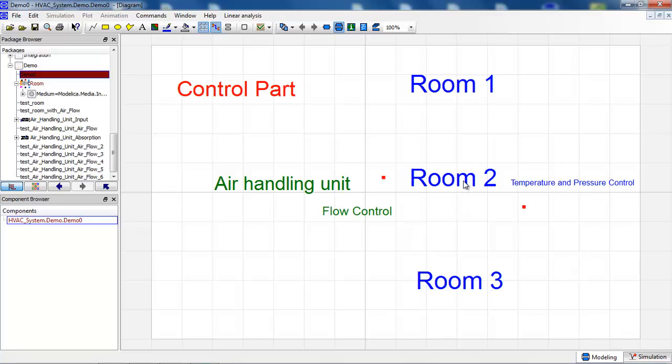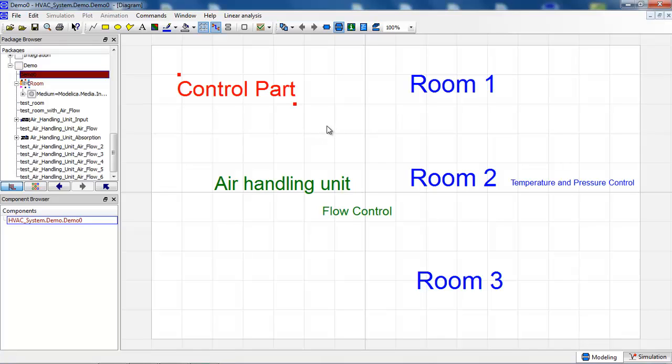We want to control the temperature and the pressure inside the room, and we will want to control the flow inside the air handling unit with this control part.